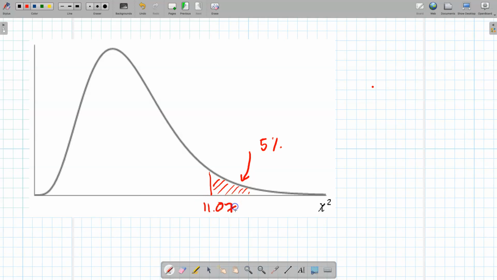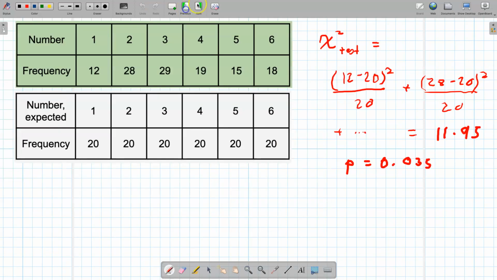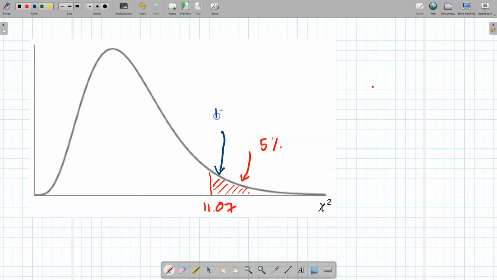So this is if I'm using the critical values. But my chi-squared value comes within this. If I go back to the previous one, it's 11.95. So from this, I'm going to conclude that the dice is biased because within here, we reject H0.